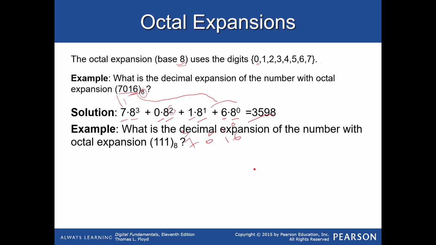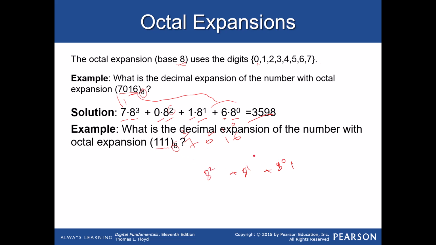So if again we have this number and we know this is in octal, we're going to do the same thing. So as you may guess here, we're going to have something like that, 8 to the 0, times 1, plus 8 to the 1, plus 8 to the 2.